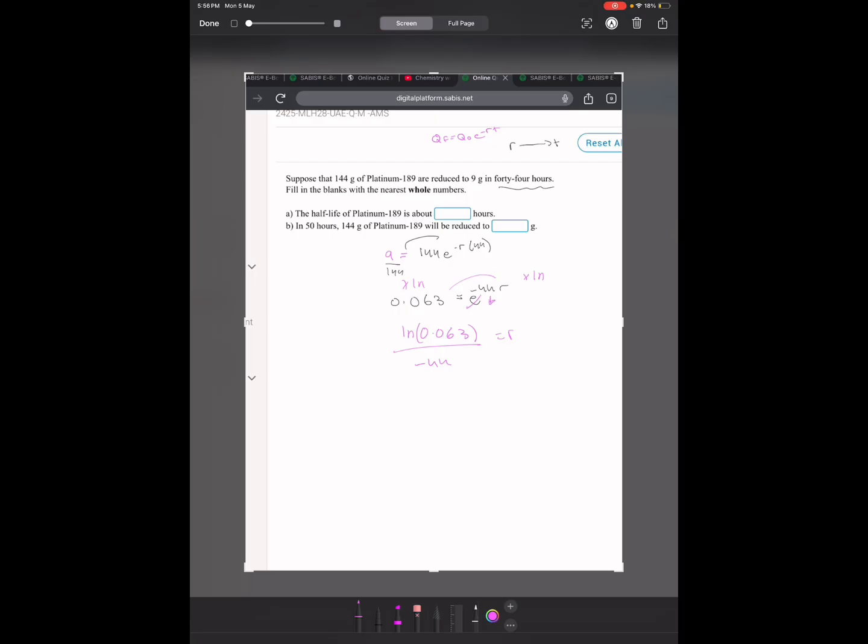I'm gonna just type this in. ln 0.063 over negative 44. You get 0.0283. So r equals 0.06283.